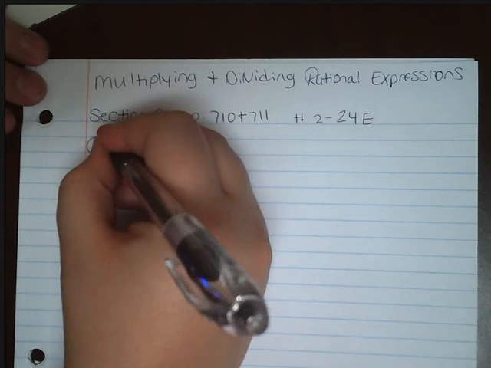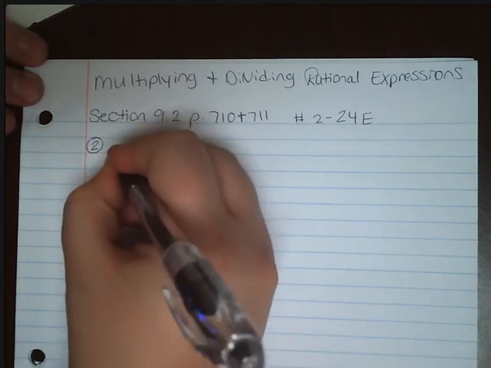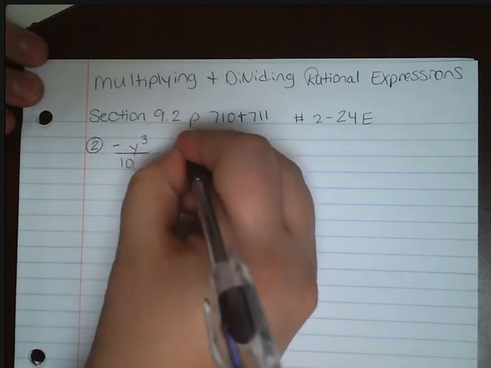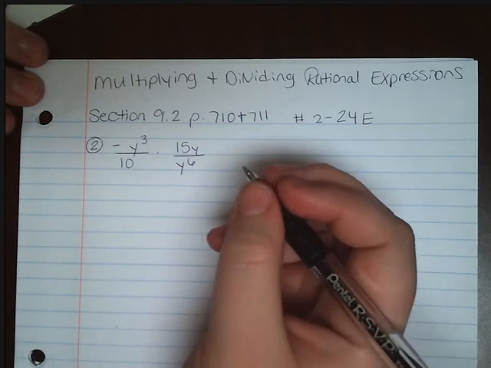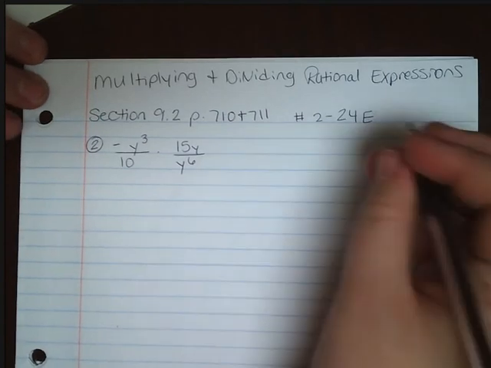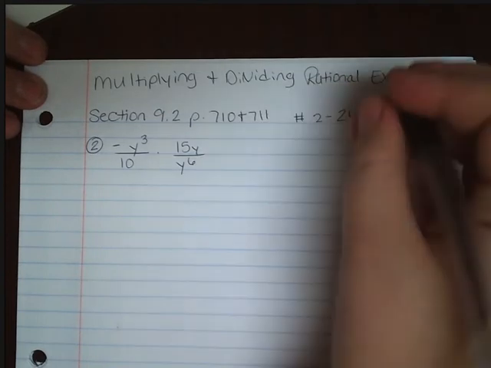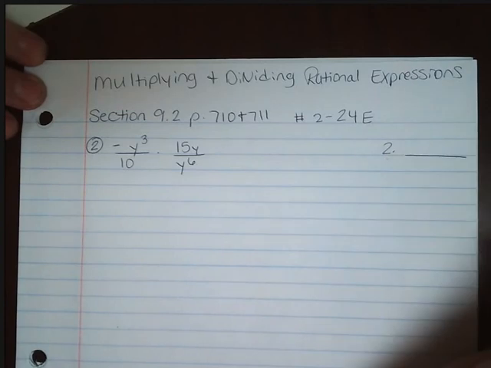So on number 2, we have negative y to the third divided by 10 times 15y divided by y to the sixth. The very first thing I want you to realize is that in your homework, your tests, all of that, you're going to have an answer space, just like that.